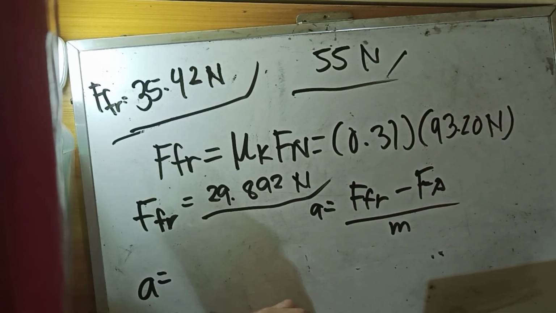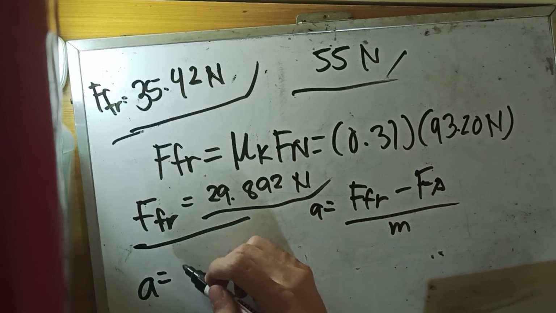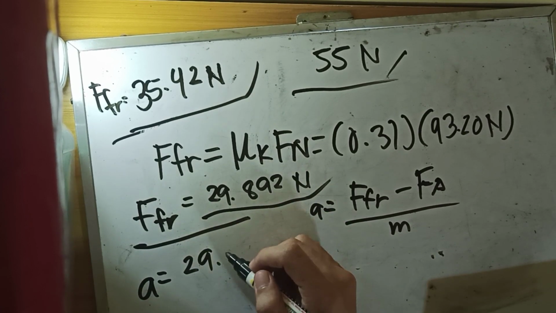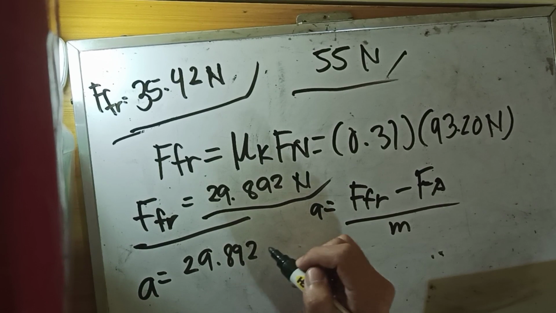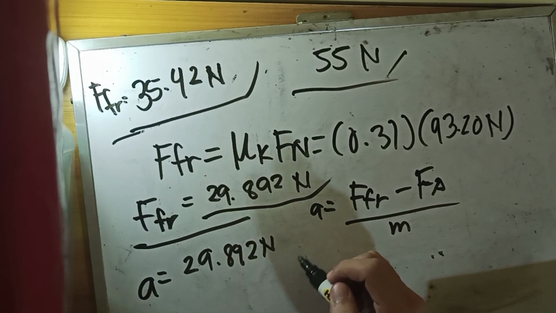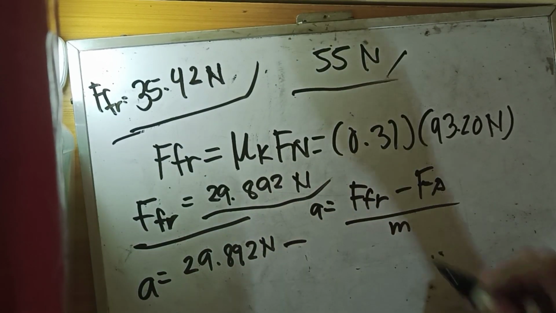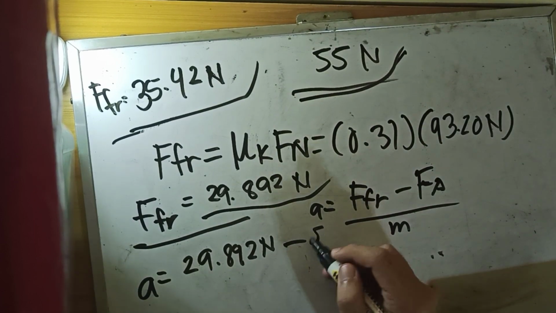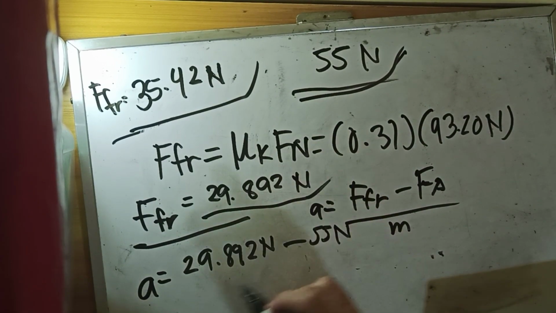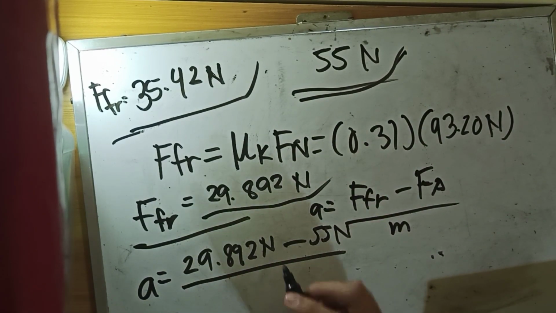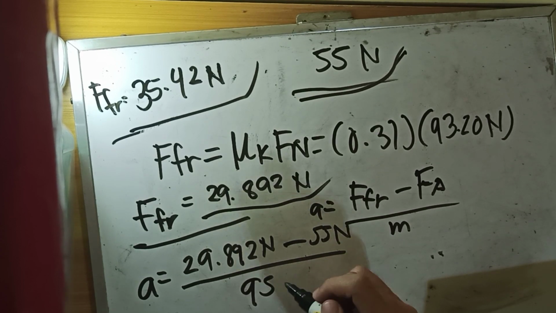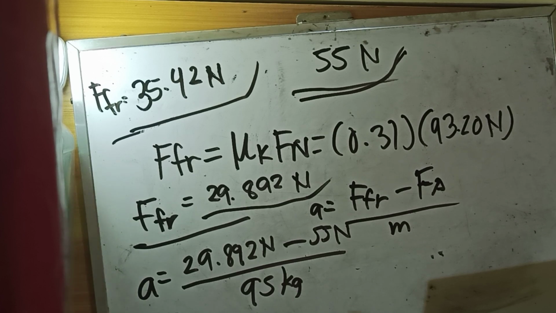A is equal to ating force of friction which is ito nga, 29.892 Newton minus our applied force which is ito, 55 Newton over sa ating mass which is 95 kilograms, given yun sa ating problem.